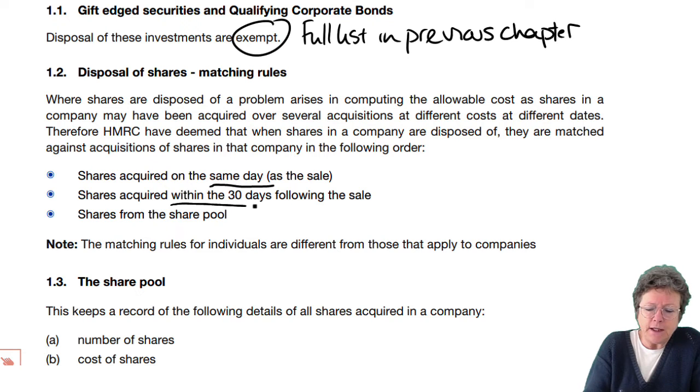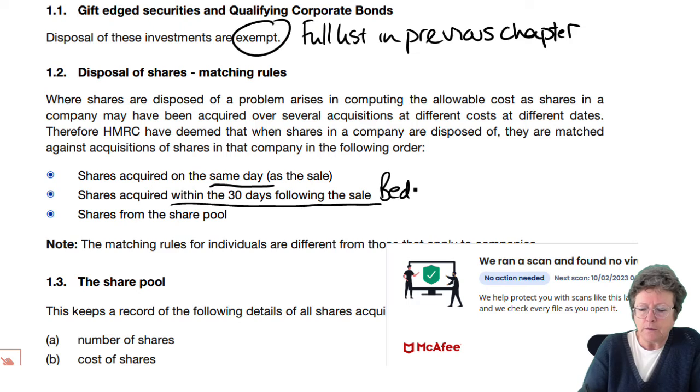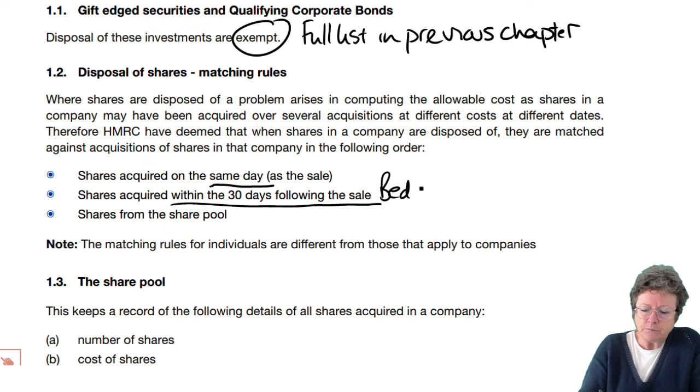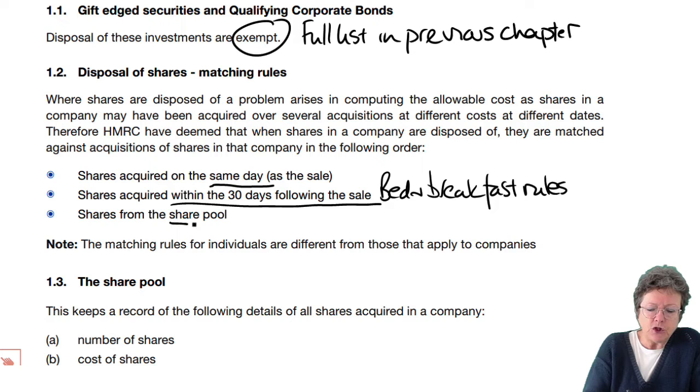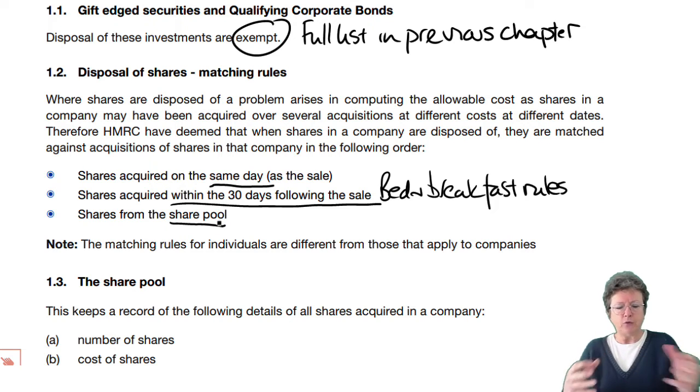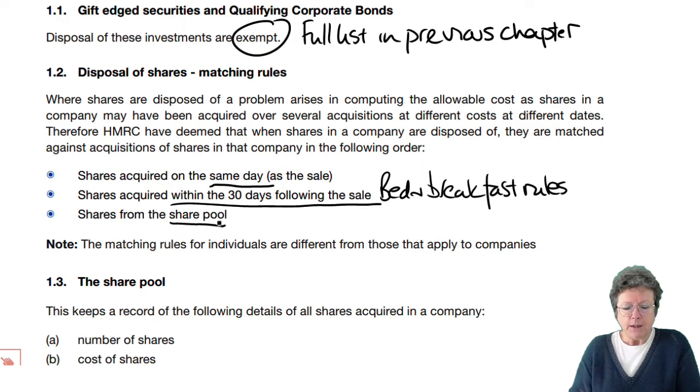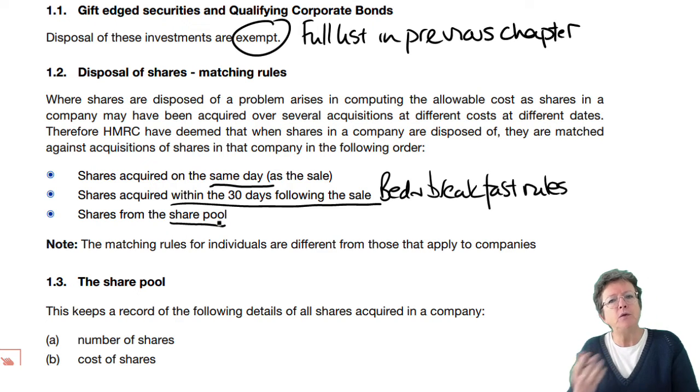Within 30 days following the sale, those are called the bed and breakfast rules. And those that are in the share pool, which is a pool of shares altogether. Now, the rules are slightly different to companies, but when we do the corporation tax chapters, you will see the matching rules for companies there.